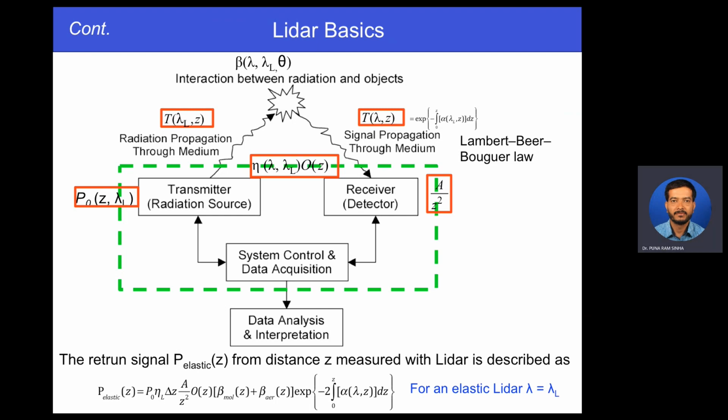We have a transmitter which transmits the laser pulse into the atmosphere, and this laser pulse interacts with the object we call scatterer, and a fraction of the radiation is returned back toward the receiver telescope of the lidar, and then it goes to the controller and data acquisition, optics, and so on.